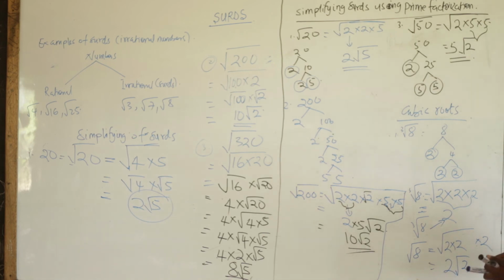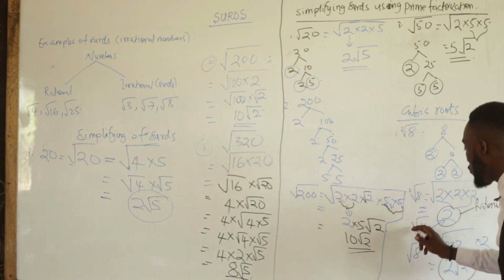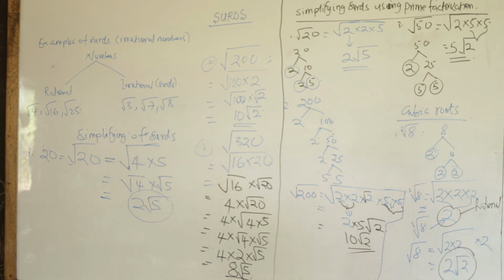Therefore, the cubic root of 8 is 2, but the square root of 8 is 2 root 2. We can therefore say the cubic root of 8 is rational, and the square root of 8 is irrational.